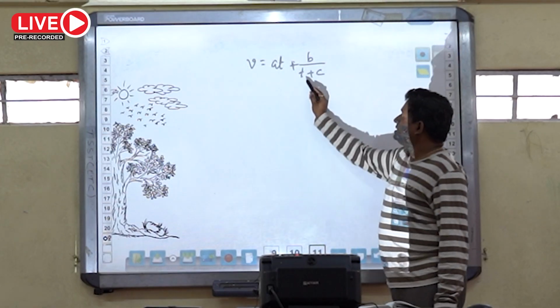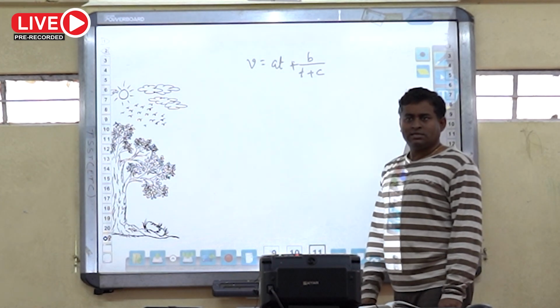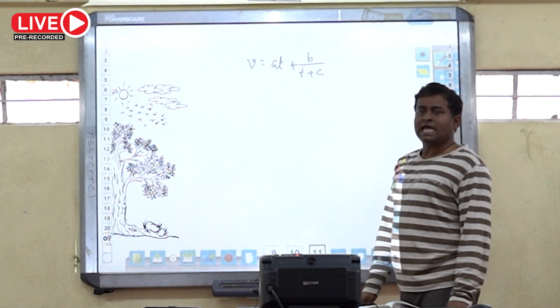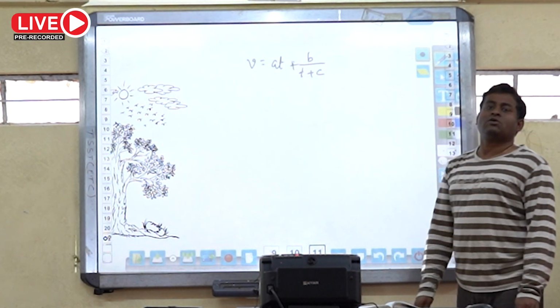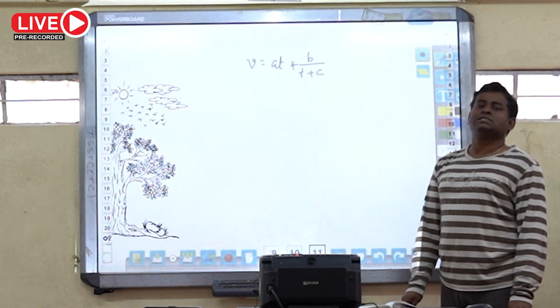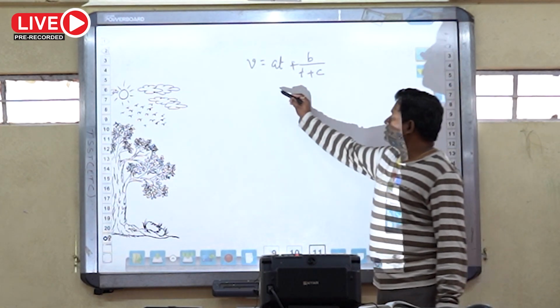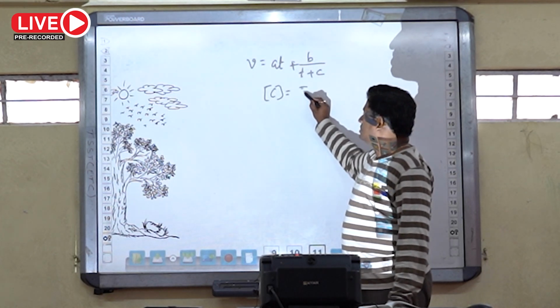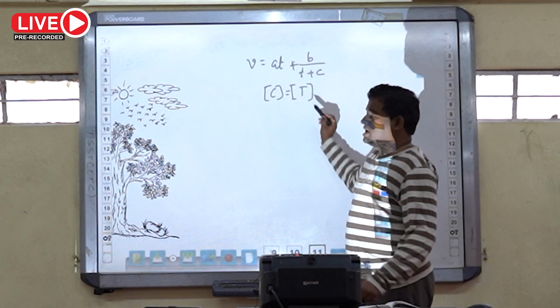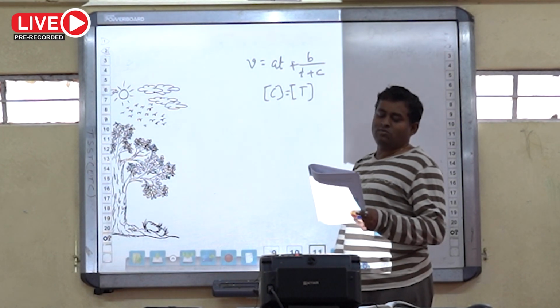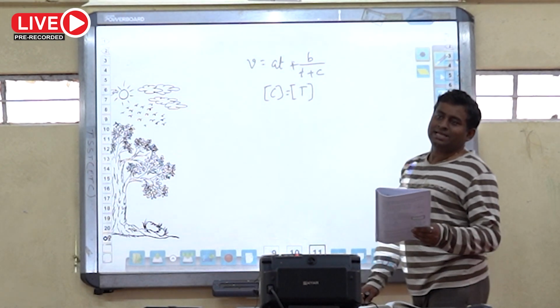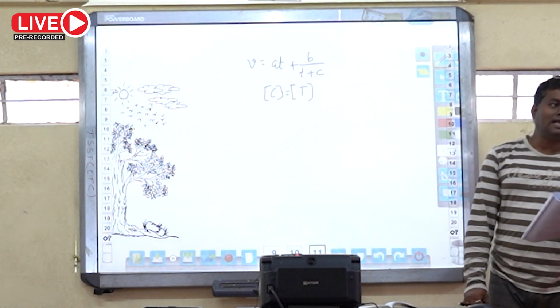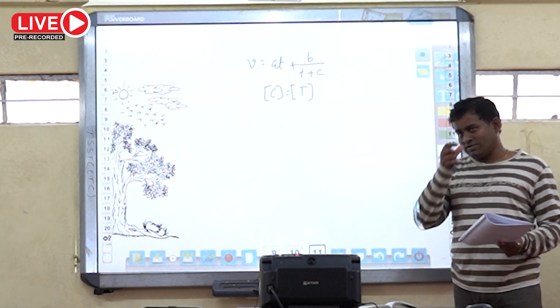First check that t and c are added together, so c has the same dimension as that of t. Otherwise you cannot add them. So the dimension of c will be equal to capital T. If you verify, only one option contains capital T, and that is C. So from that you can find the answer.